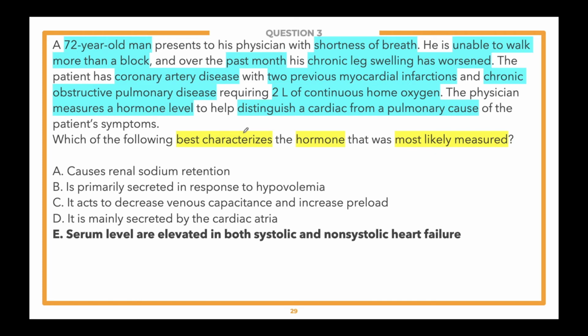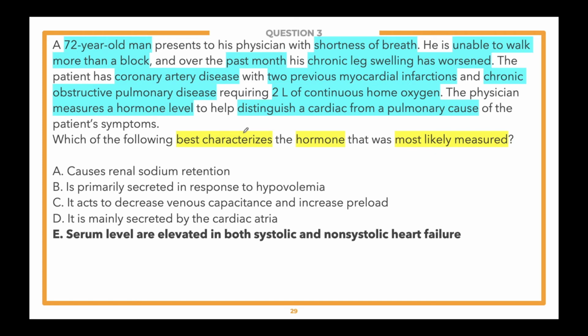Now, this is a hormone released primarily by the ventricles, not the atria, that's ANP, atrial natriuretic peptide. This is BNP. And this hormone is released in response to too much fluid or too much pressure, both of which we see in heart failure.